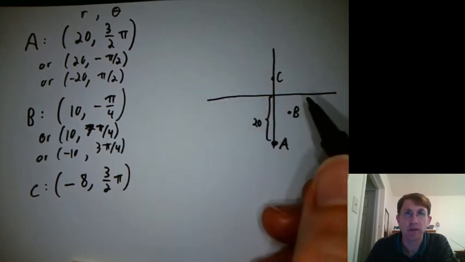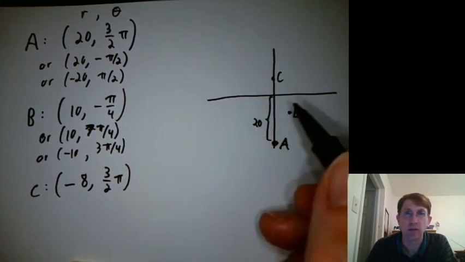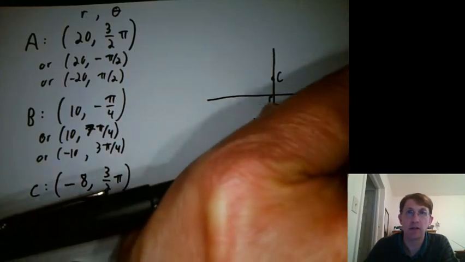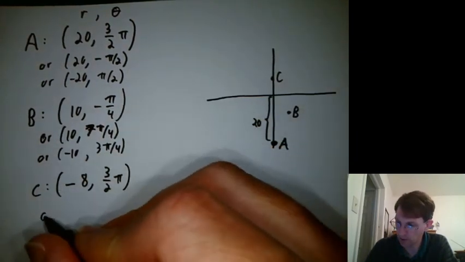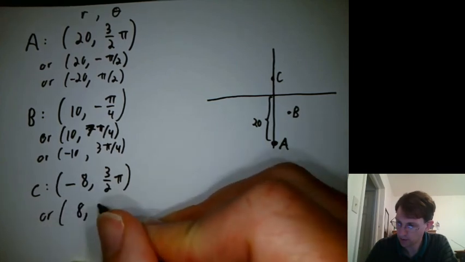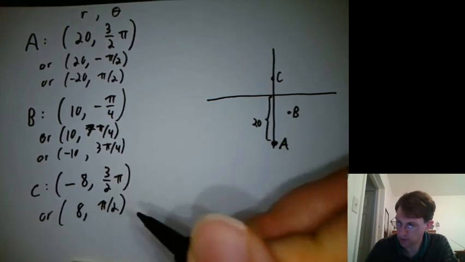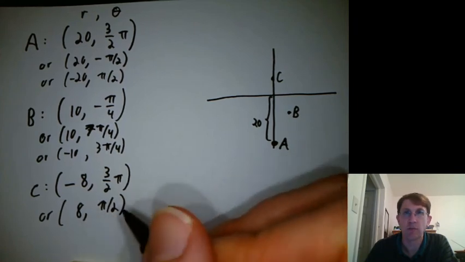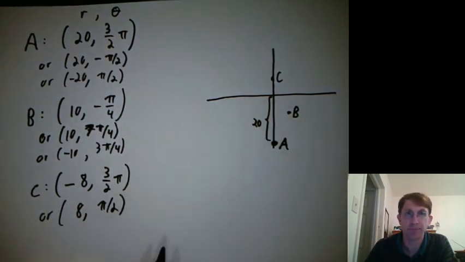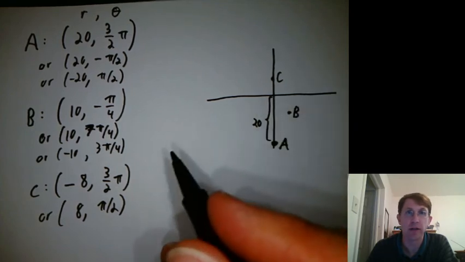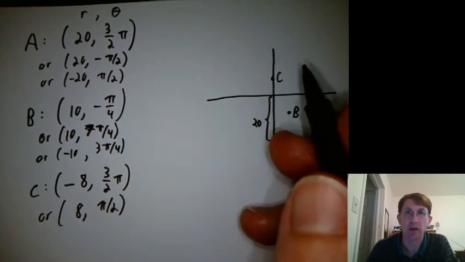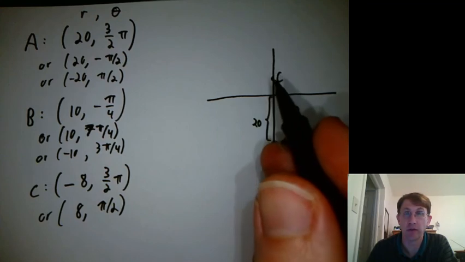Then how about point C? You could go 90 degrees, pi over 2 upward, and then just 8 millimeters out. Actually, let's be a little more ridiculous. So there we tried going 3/4 of the way around then backwards.